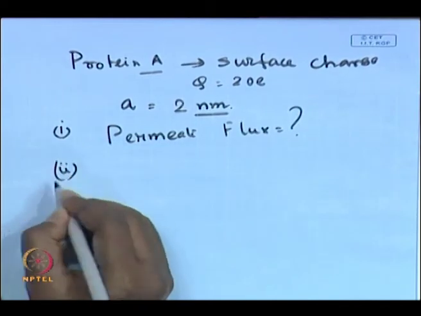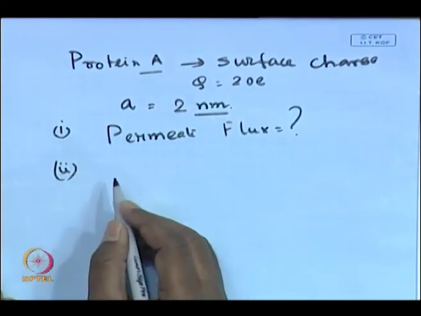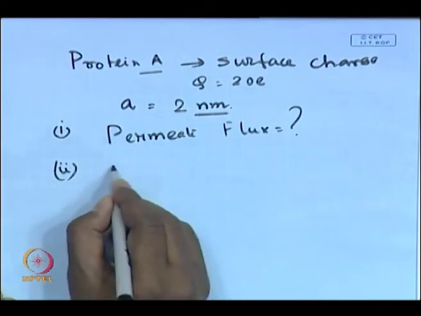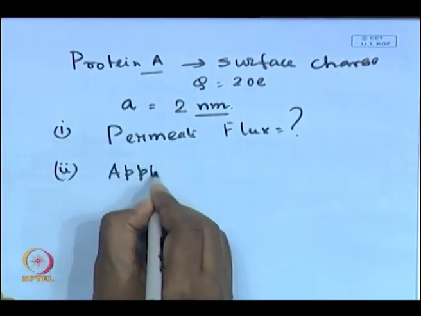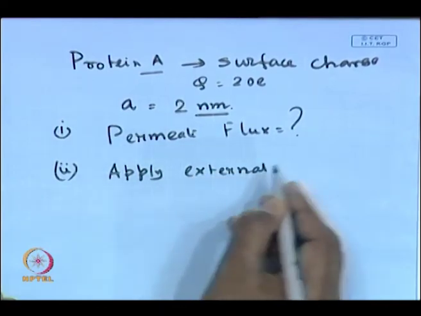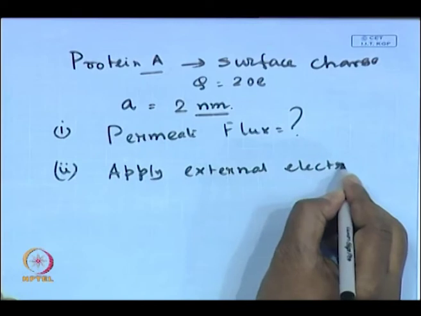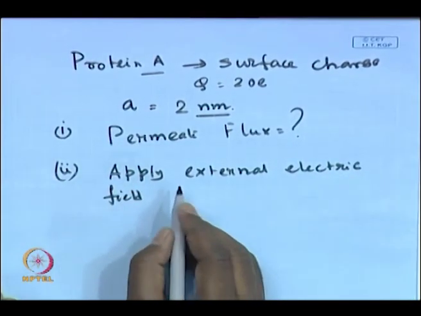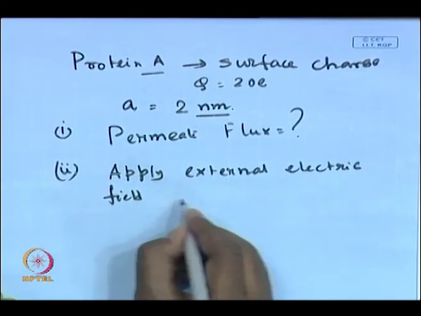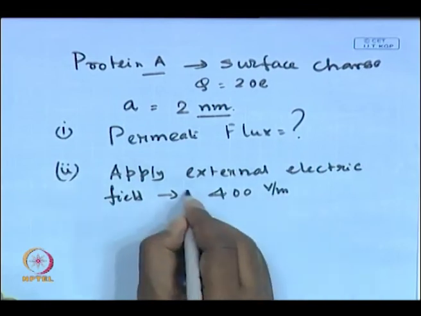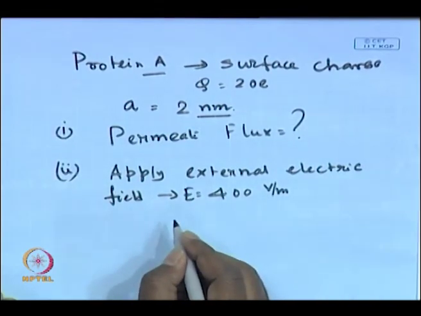Second, now a suitable external electric field of 400 volts per meter is applied to increase the permeate flux. You apply an external electric field of strength 400 volt per meter.